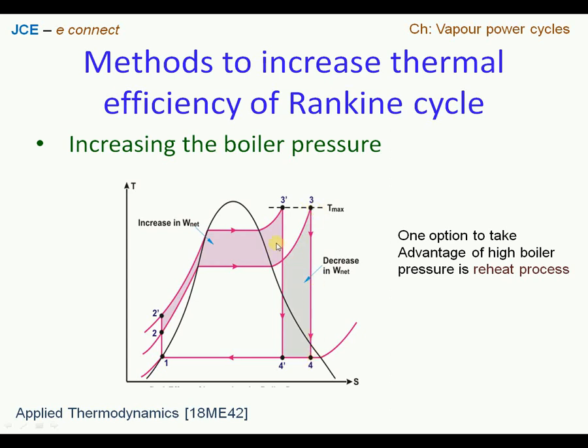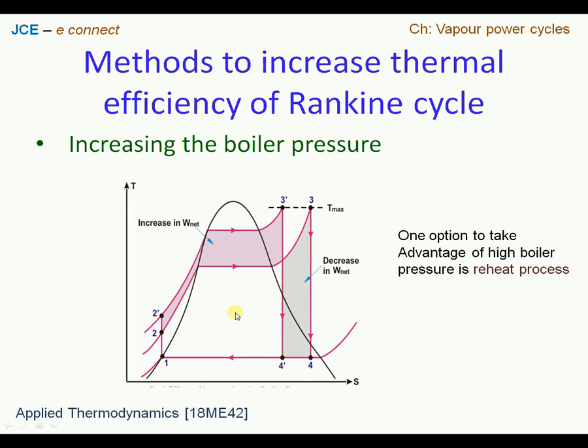So the total turbine work is a sum of the work in the first turbine, that is the high pressure turbine, plus the work that is extracted in the second turbine. And then we have the regular cycle here. From 4 to 1 is a heat rejection process, and 1 to 2' is the pump work. Again from 2' to 3' is the heat addition in the boiler. So the process continues like this.